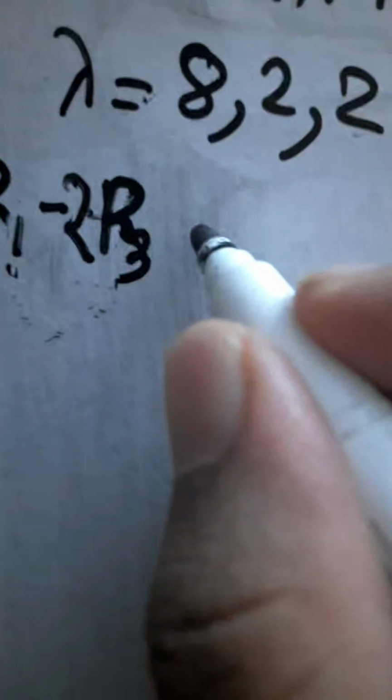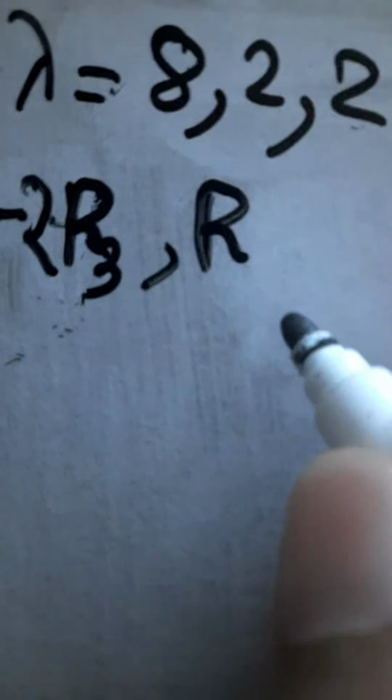Then R2 minus R3. Then what do we get? By this we get these both 0. The first two rows are 0 because 2 into 2, 4 gone. Right. Wait a second. Am I doing it right?